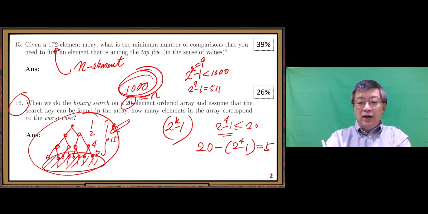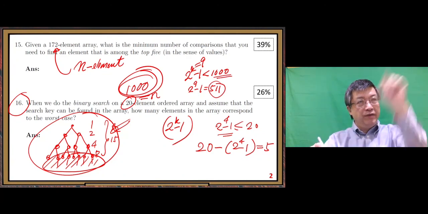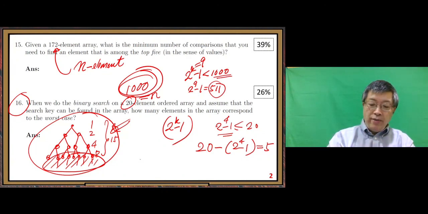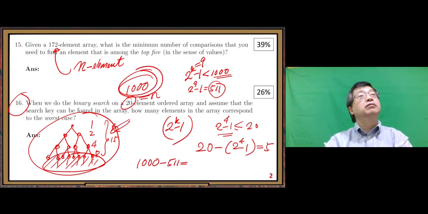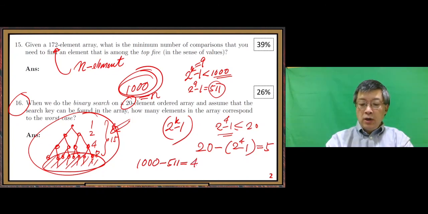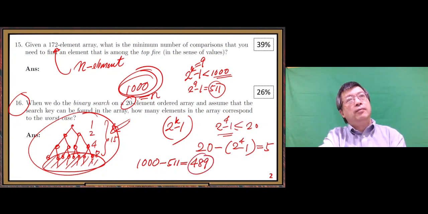Now take the difference, and that will give you the answer: 1,000 minus 511. What's that number? 489, right? You just give me this answer.